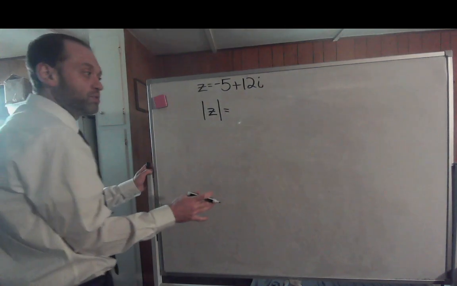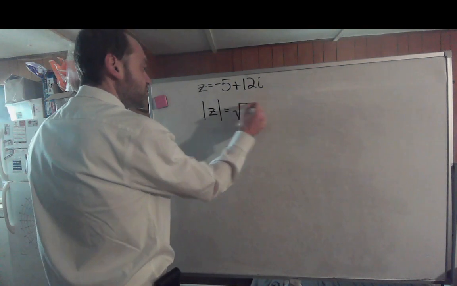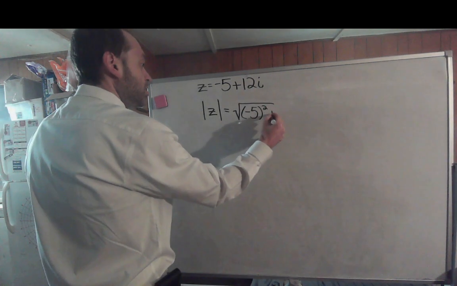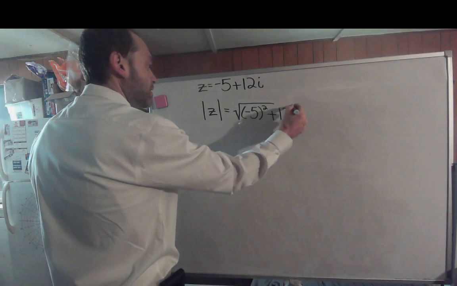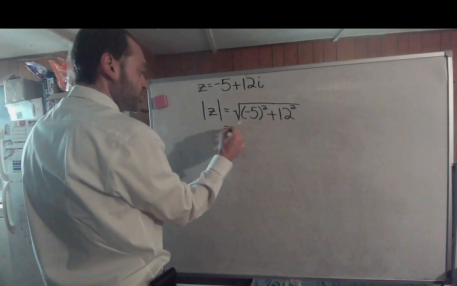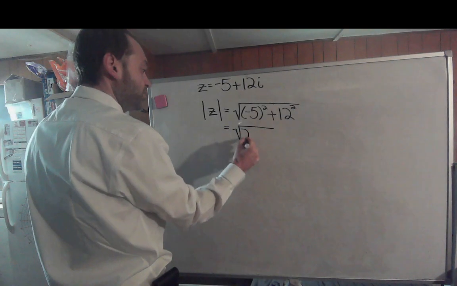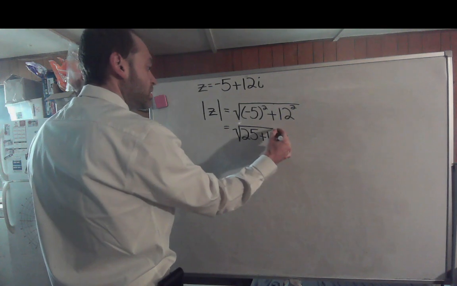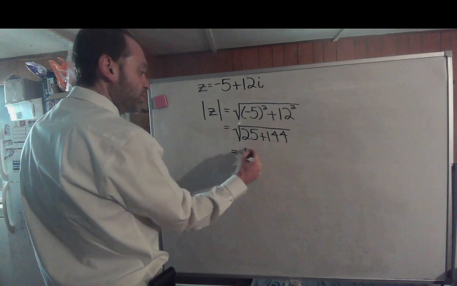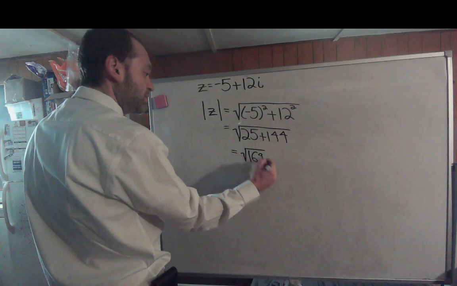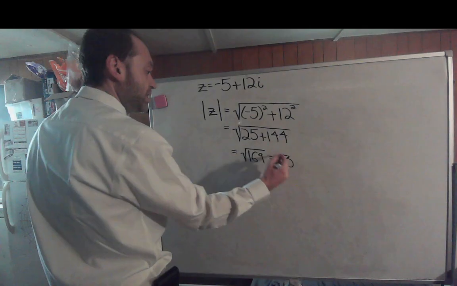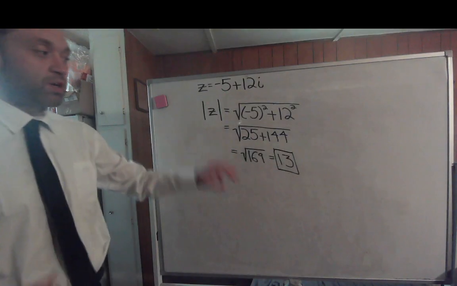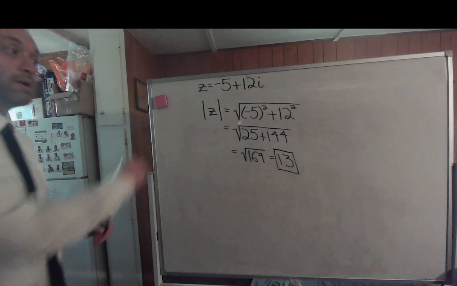So that's going to equal, of course, the square root of that negative 5 squared plus that 12 squared, which would equal the square root of 25 plus 144, which would equal the square root of 169, which would be 13. So the absolute value of negative 5 plus 12i is 13.